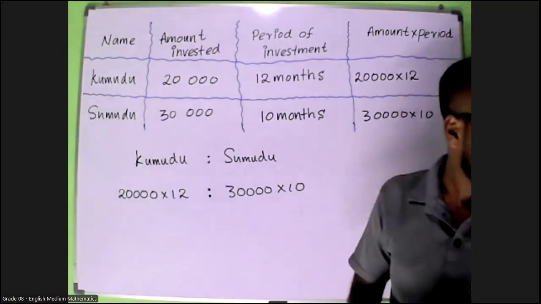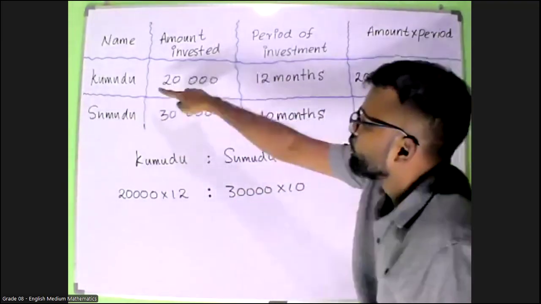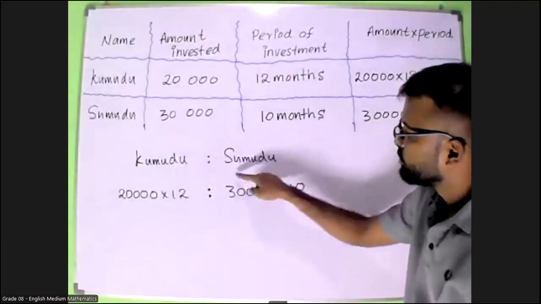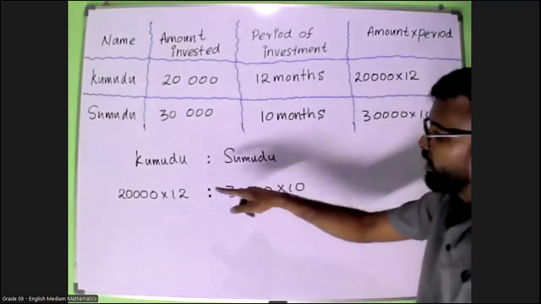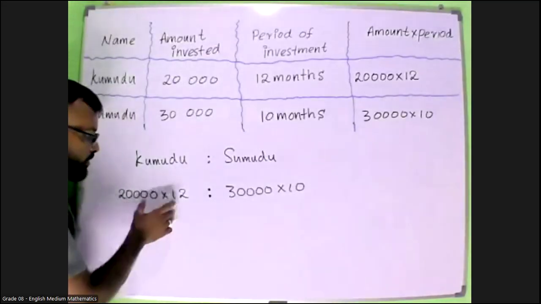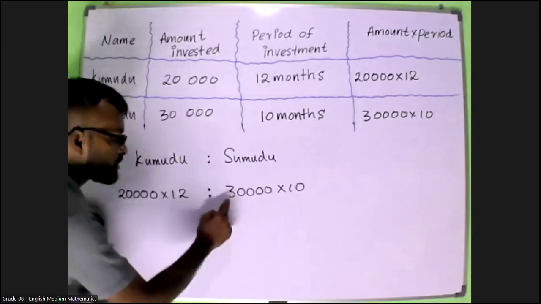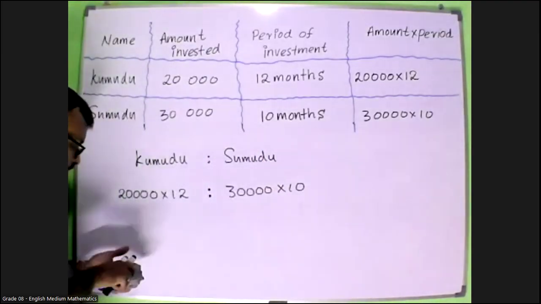Veronica is having an internet issue. So, Kumudu, 20,000 multiplied by 12. Sumudu, 30,000 multiplied by 10. Very easy. We are going to simplify the zeros. 20,000 has 4 zeros, and 30,000 has 4 zeros.